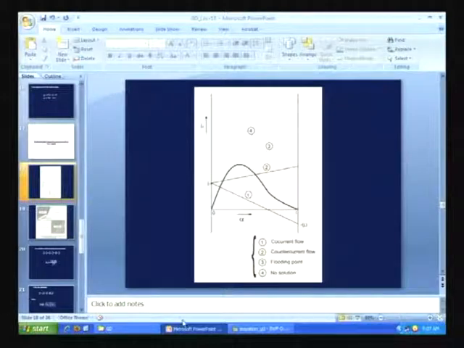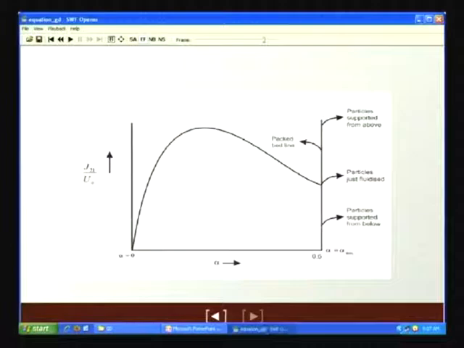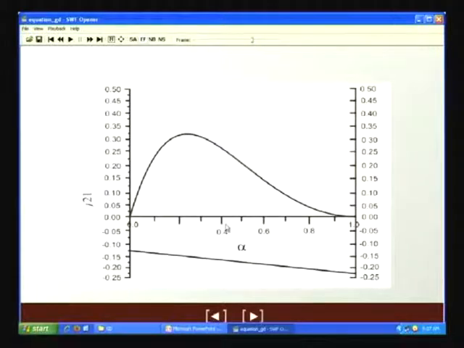After this, one more thing I would like to tell you under this particular flow situation. Now, remember one thing, when we are doing it for gas liquid systems, more or less we find that this particular curve can extend from alpha equal to 0 to alpha equal to 1. Agreed?